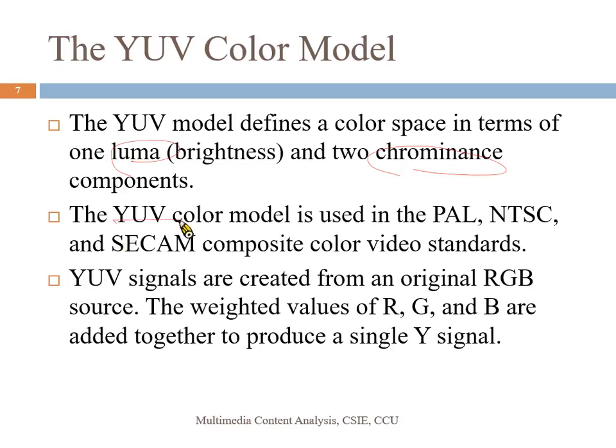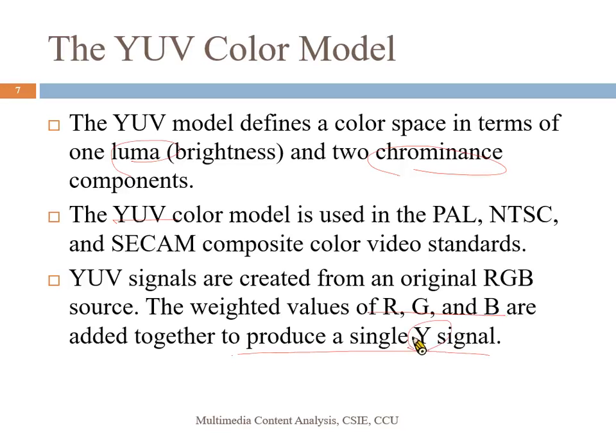The YUV color model is used in the PAL, NTSC, and SECAM composite color video standards. YUV signals are created from an original RGB source, and the weighted values of RGB are added together to produce a single Y signal. Based on the information we have mentioned above, the luminous information is basically the weighted sum of RGB.